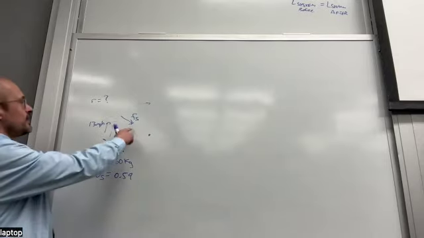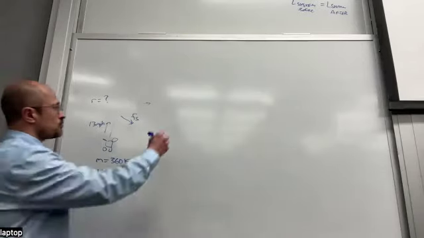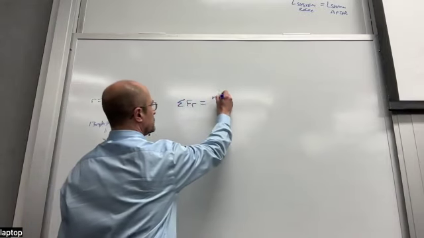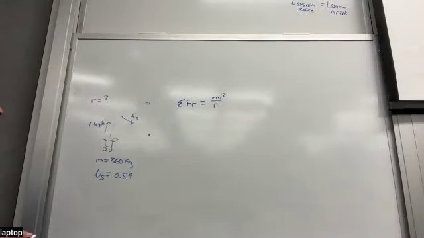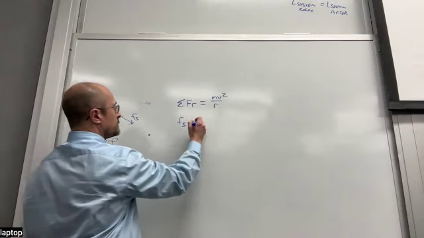Anyway, what we want to do is solve this circular motion problem. We know that the sum of the forces in the radial direction is mv squared over r. And this force here is the force of static friction.